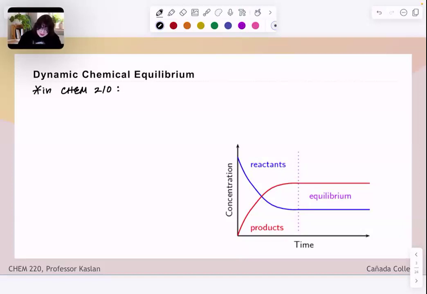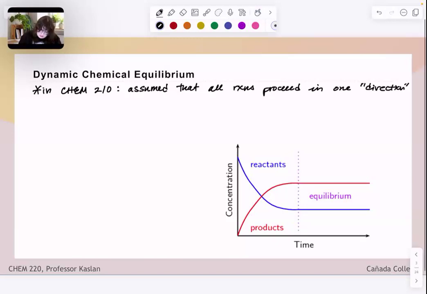So in Chem 210, we assumed that all reactions proceed in one, and I'm going to put this in quotes, direction. And this implied that this was some kind of static change from initial to final.